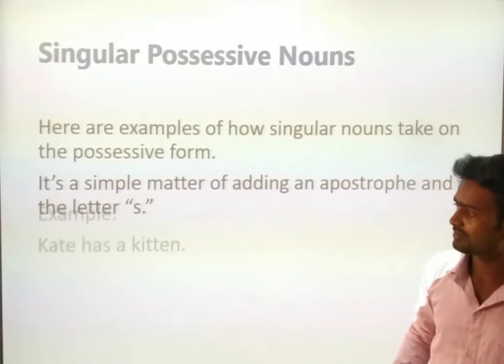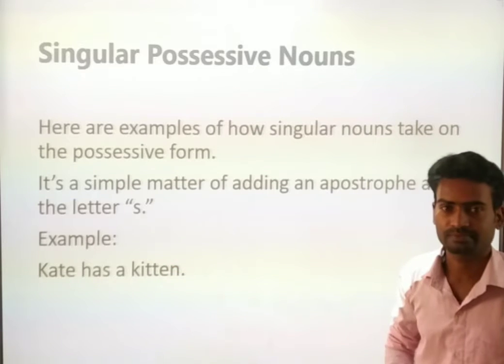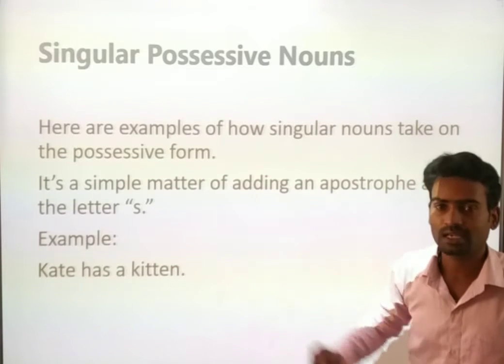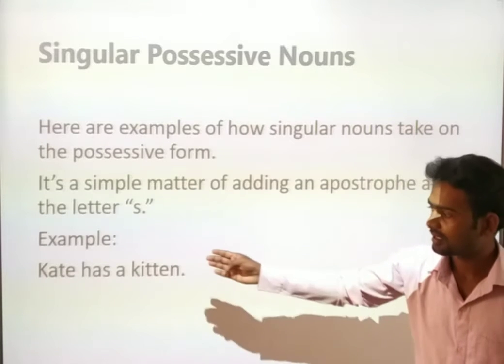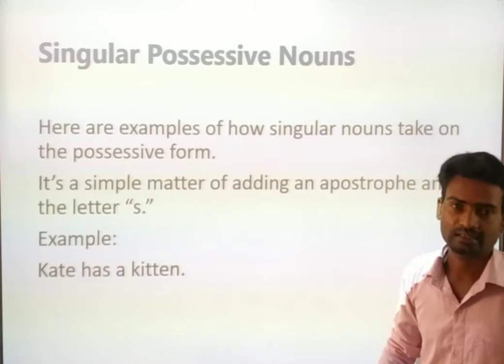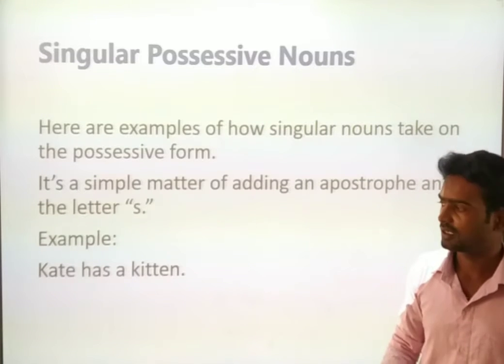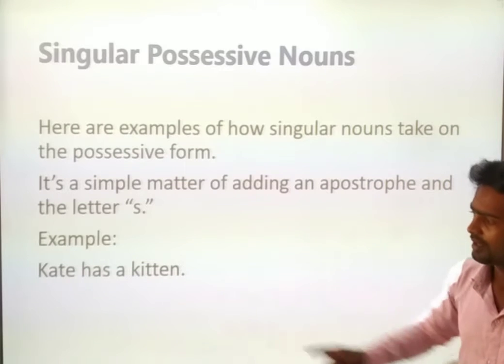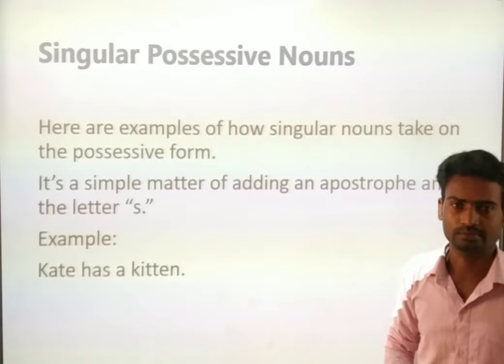Here we have some exercises and examples. Kate has a kitten. We have learned this example already in the previous lesson. How can we change this into the singular possessive form? Kate is a singular noun, right?